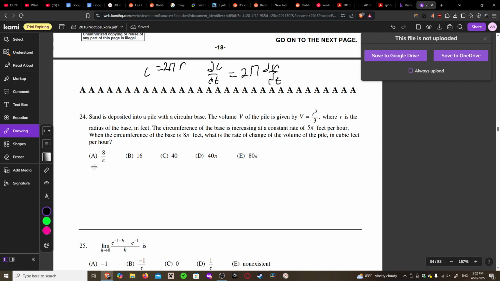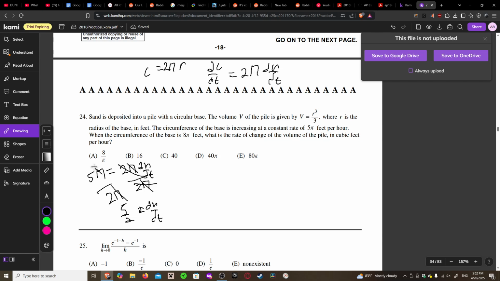Also dC dt is equal to 5 pi, so 5 pi equals 2 pi dr dt, which means if I divide by 2 pi, this and this would cancel. So 5 over 2 is equal to dr dt.